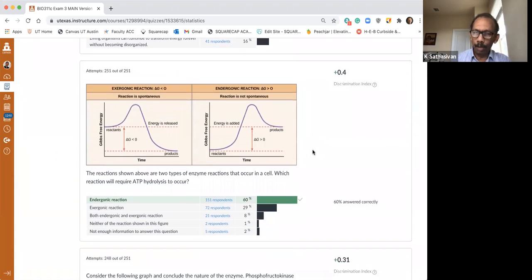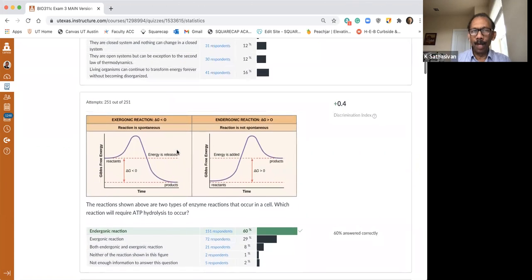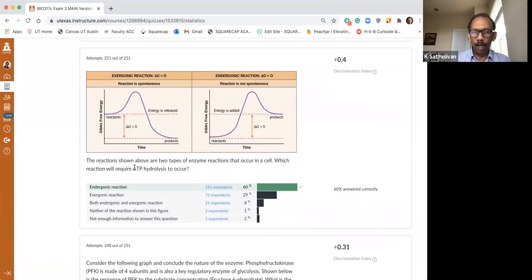This is also a conceptual understanding question. If a reaction is already spontaneous, exergonic, you don't need ATP hydrolysis. So I'm asking which one needs ATP hydrolysis. Only an endergonic reaction like this, with a positive delta G that is less than 7.3.